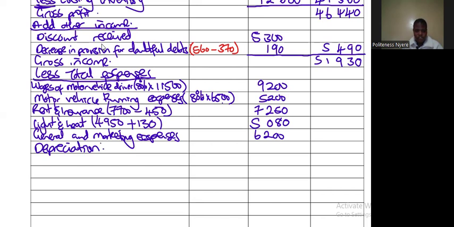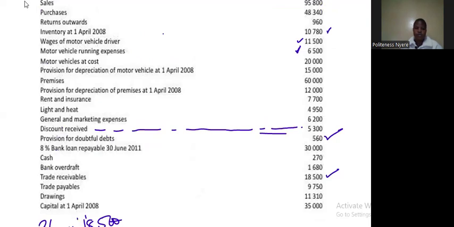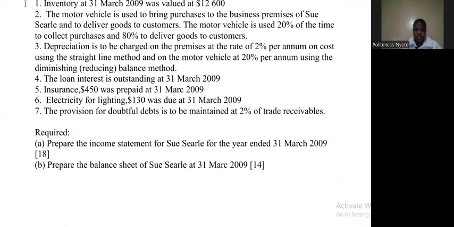For depreciation, we want motor vehicles first. Remember, for motor vehicles, it is supposed to be split between the purchases and the distribution. So we say 20,000 minus 15,000 times 20%, because they're depreciated at 20%. For the expense, it's going to be 80%.